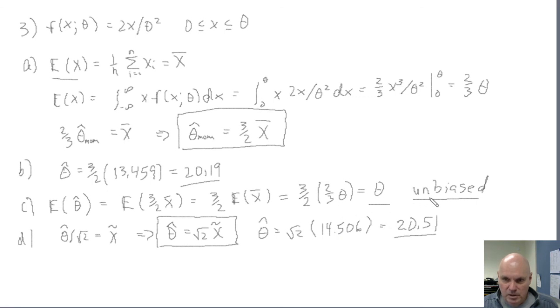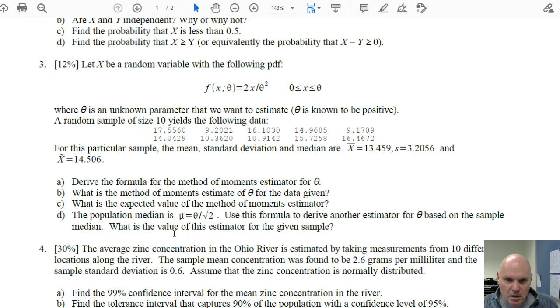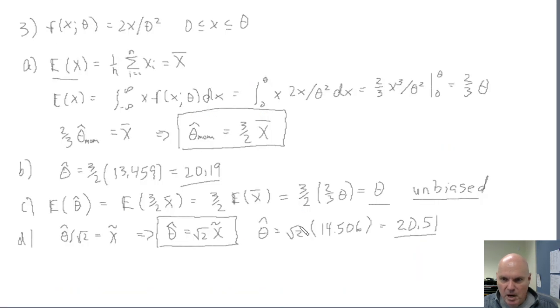We know this one is unbiased, so this one is going to be biased, unless, no, I don't think that's true. Square root of 2 times the median equals the sample mean, so they're both unbiased actually. Then we would also look to see which has the smaller variance. Okay, so I think that's it for this problem.